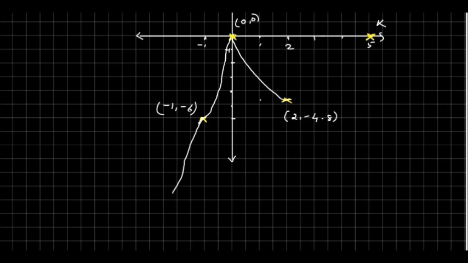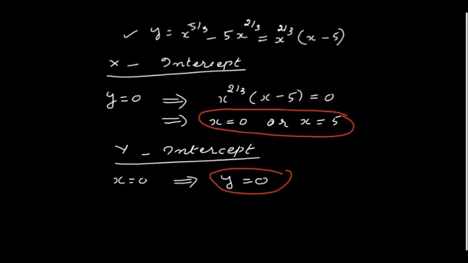Then from there onwards it is again increasing and concave up. And we know that the curve will cross the x-axis at 5. So you can draw it in this way, and it will increase and cross the x-axis at 5 and go above. So this is a rough drawing of the given curve.